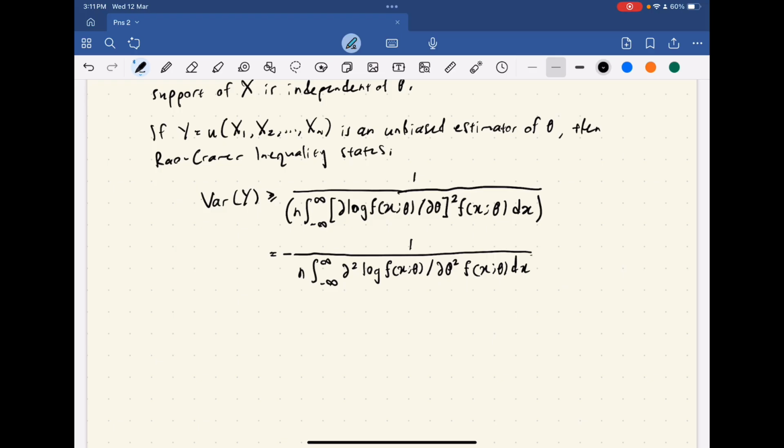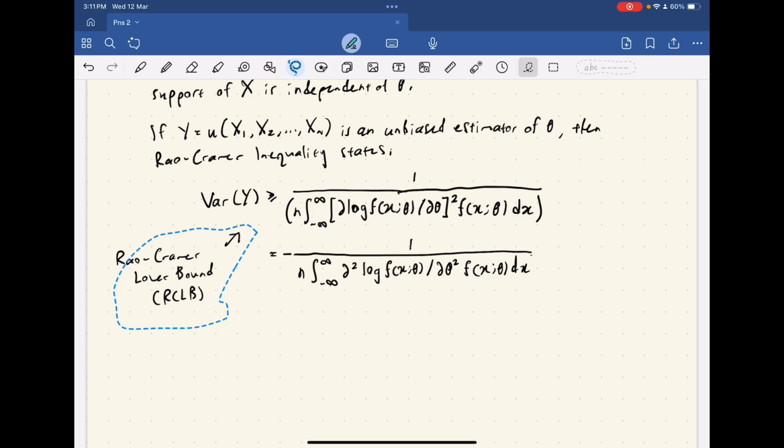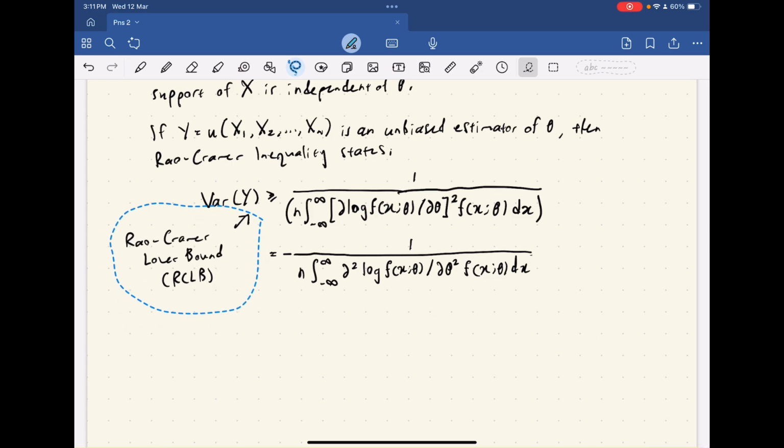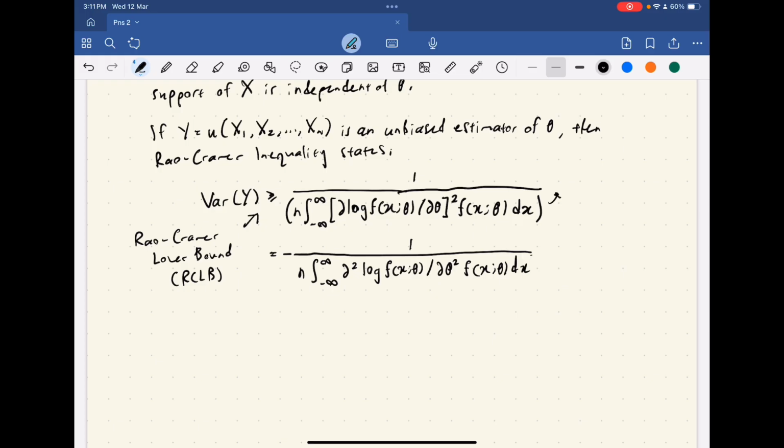And this inequality here is what we call the Rao-Cramer lower bound, or RCLB in short. Now as earlier said, these integrals here are just the expectation, right?